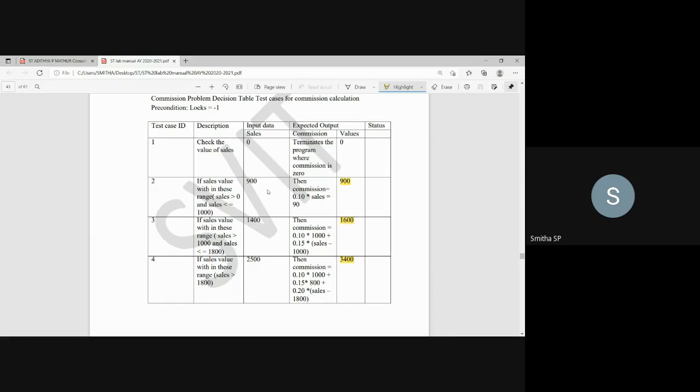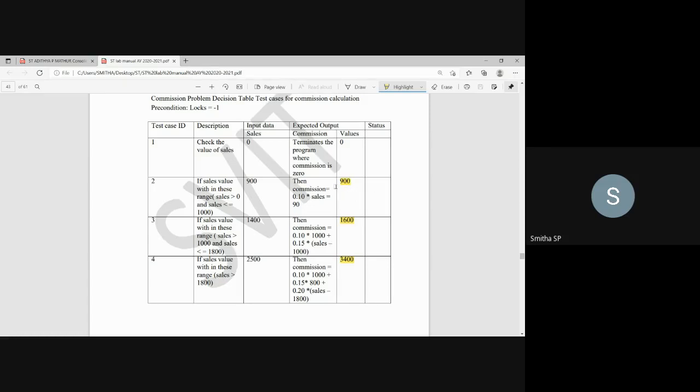For this sales you have to calculate the commission. You know how to calculate it. Here 10% commission should be given, so 0.10 into sales gives 90. Your entries are wrong here. It is 90, not 900. So please make a note of this also.